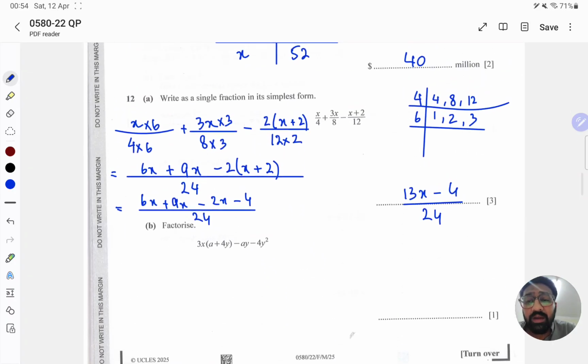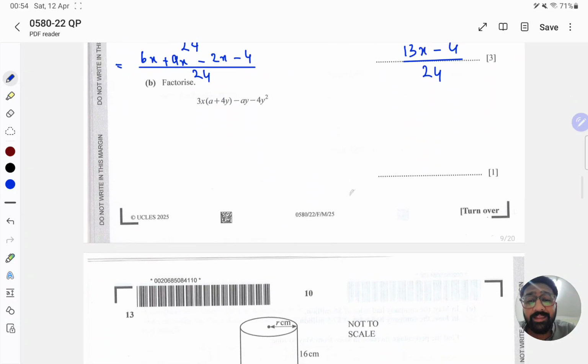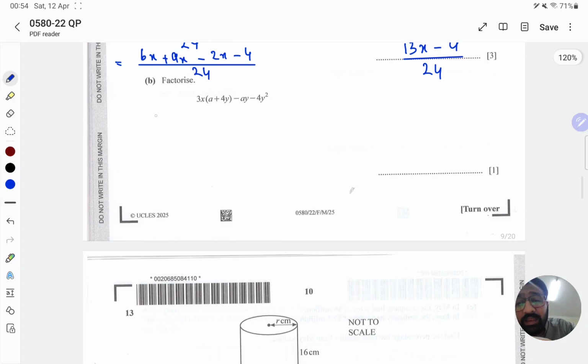Next question, B part, question number 12, B part. Factorize this and that. So for doing factorization, what do you first of all need to do? You need to take out common over here. So let's see, the first one is already taken out for us. So let's see what is common in the last two terms. In the last two terms, y is common.